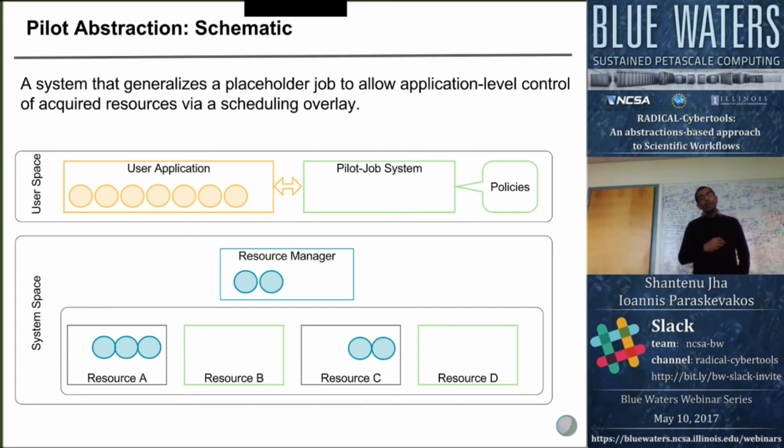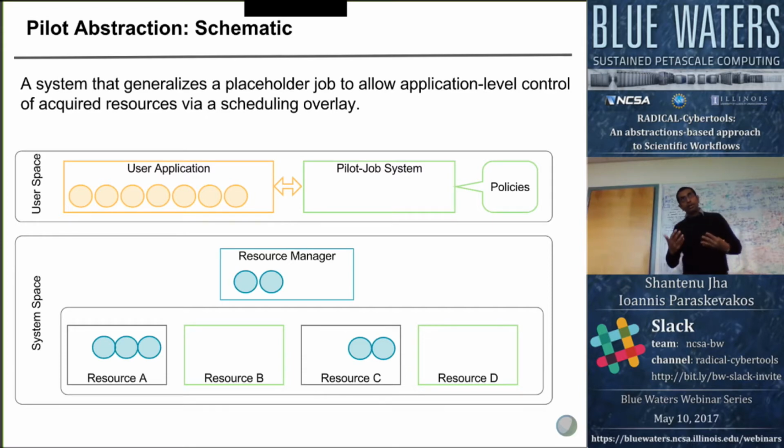Here I'm going to spend some time outlining the concept of a pilot abstraction, and hopefully you'll see why this is fundamentally a very simple way of supporting many different tasks that comprise the overall user application. And that's what you probably see in the upper left-hand corner, an application comprised of, let's say in this case, 7 tasks.